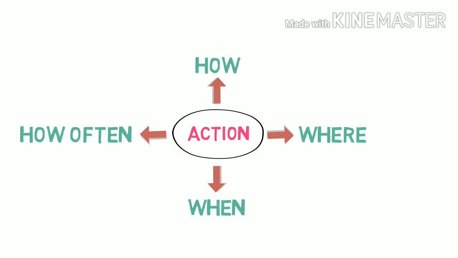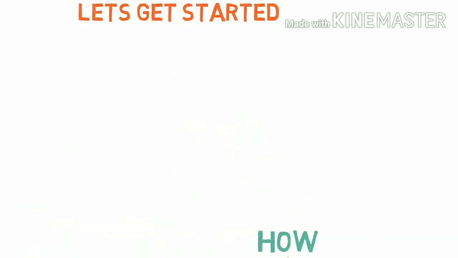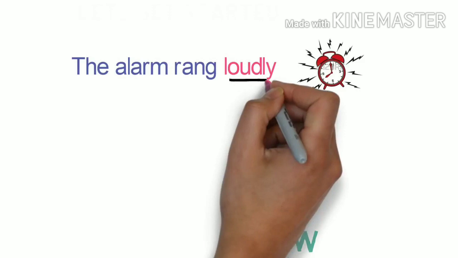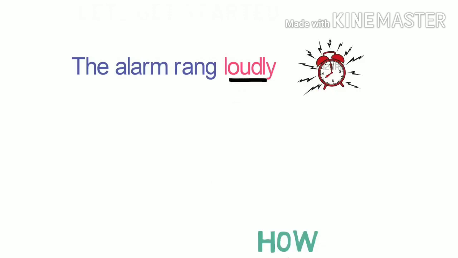Firstly, we will see the adverb that describes how an action is performed. The alarm rang loudly. Here we can identify that the alarm rang, but how did it ring? It rang loudly. So loudly describes the manner in which the alarm rang, and hence it is an adverb.